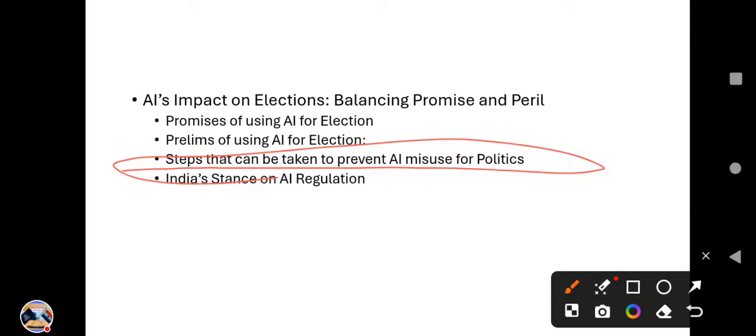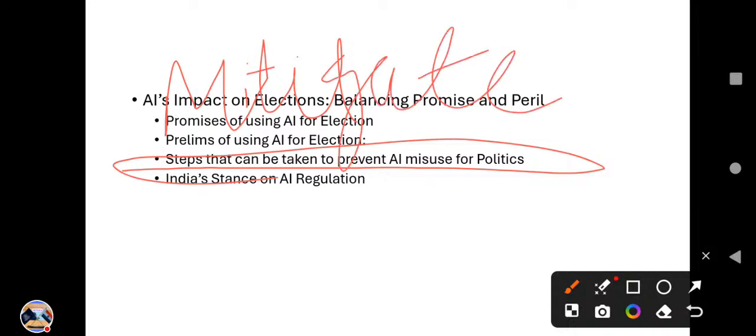Next step can be developing and implementing technology to mitigate risks. Addressing deceptive AI election content, because fake content can be deceptive through artificial content, while upholding principles of free expression and safety.